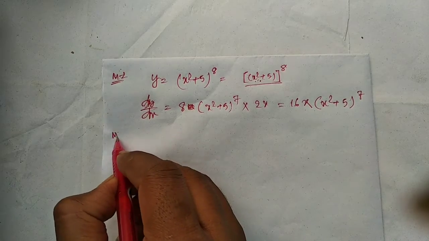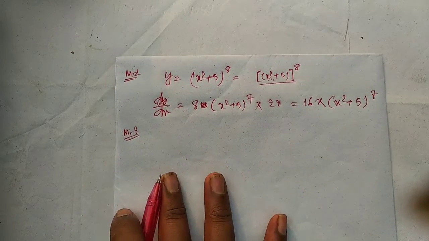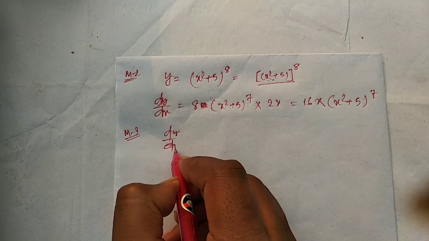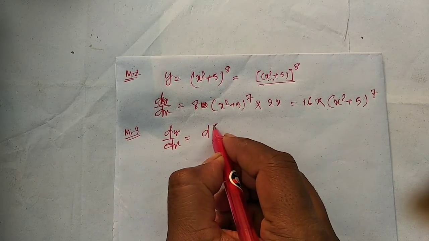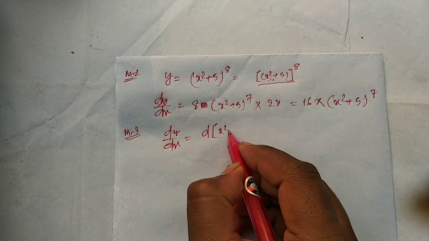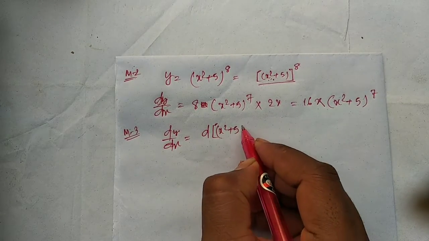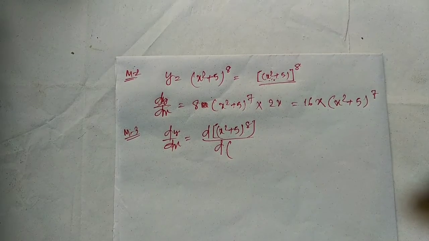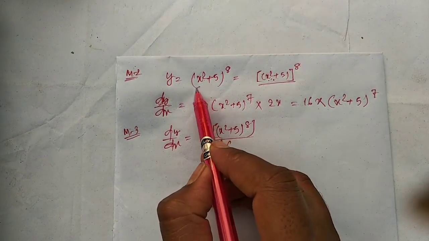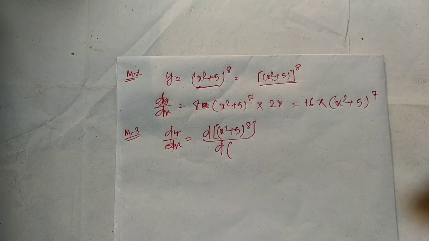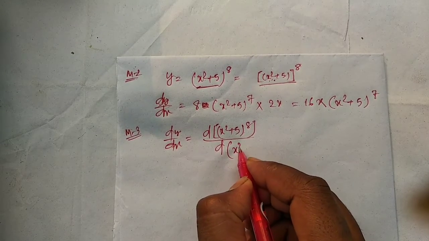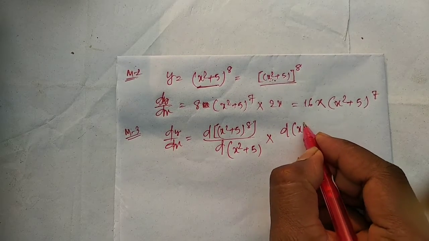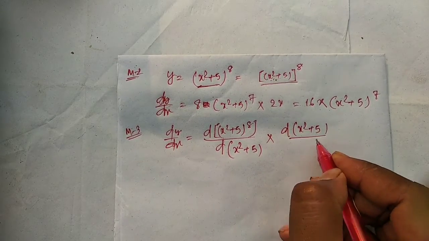So the direct answer is 16x (x square plus 5) to the power 7. Okay. Method 3. In method 3, dy by dx will be, replace the value of y, the derivative of (x square plus 5) to the power 8. Here this is a function of x square plus 5, so first differentiate with respect to that, then differentiate x square plus 5 with respect to x.